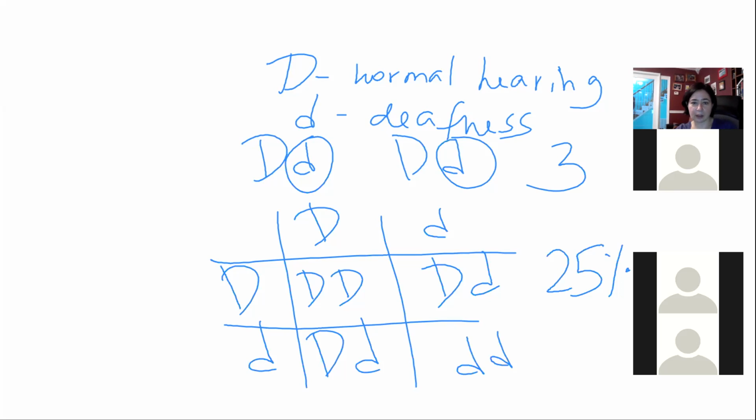Then you calculate that it's going to be 1/4, 1/4, 1/4, right? So 25% chance dominant homozygous, 50% chance heterozygous, and 25% chance recessive homozygous. Okay.